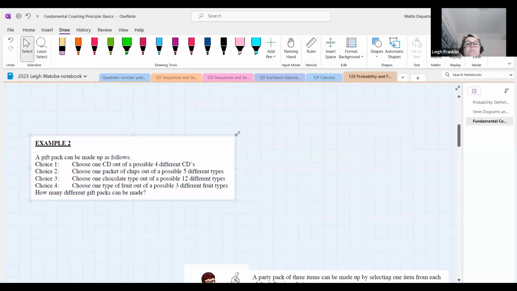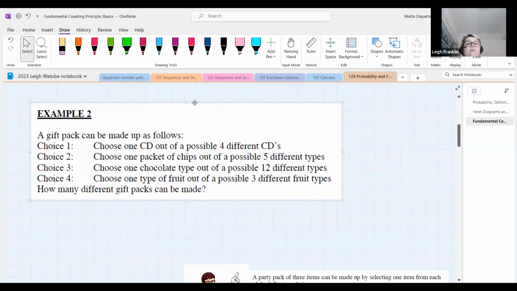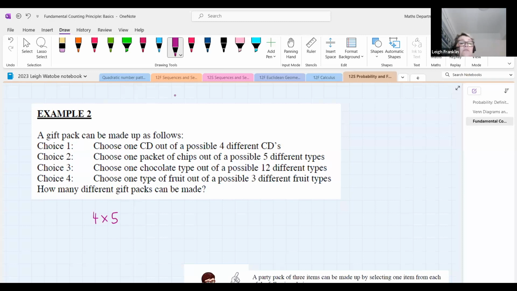Just another example, just a little bit more going on here. A gift pack can be made up of the following. Choice number 1 is choose 1 out of 4 possible CDs. So 4 ways in which you can choose a CD. Choose 1 packet of chips out of a possible 5 different types. There would be 5 different ways in which choice 2 can happen.